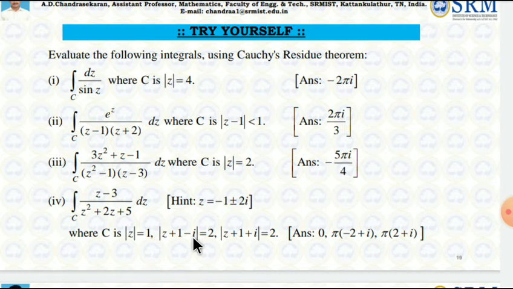The second circle is mod z plus 1 minus i equal to 2. For this, the answer is pi into (2 minus 2 plus i). Third circle is mod z plus 1 plus i equal to 2. For this circle, the answer is pi into (2 plus i). So the circle decides the final answer.